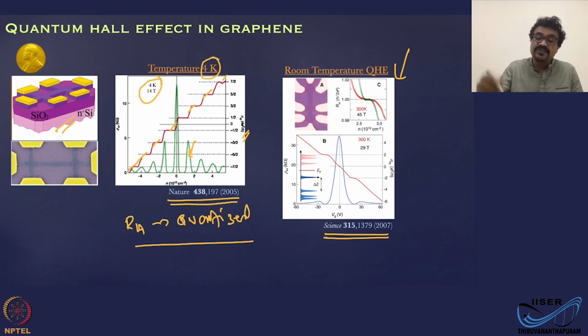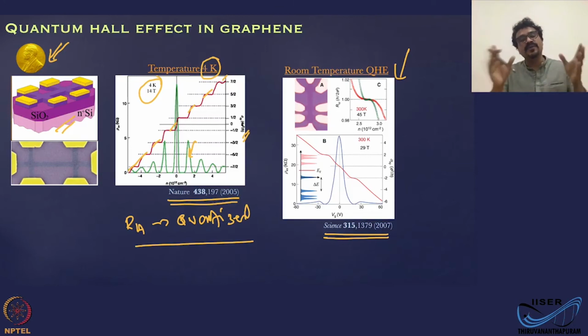And I would say that it's probably the third Nobel Prize, though not directly for the quantum Hall effect, but the feature demonstrated in this experiment is the quantum Hall effect. It's probably the third Nobel Prize for performing a quantum Hall effect experiment. And interestingly, you can see this quantization even at 300 Kelvin, room temperature, in a sheet of graphene.